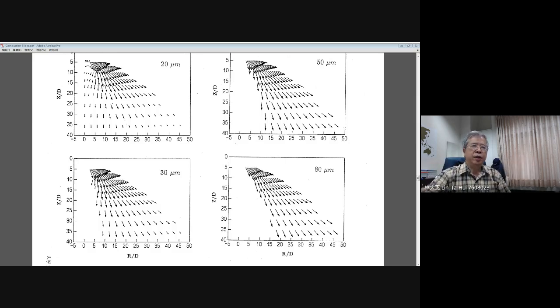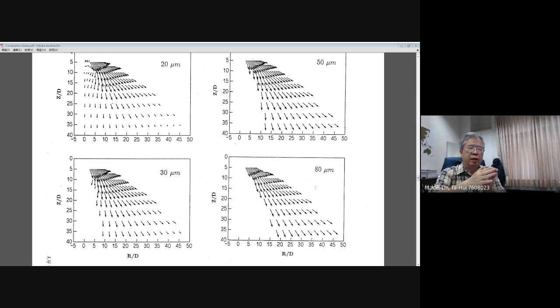In this region, all the velocity vectors show a large speed, and in the vicinity of the injector, they have larger speeds, which continuously reduce because of mixing on the downstream side. But from the 30 micron, 50 micron, and 80 micron cases, the thickness of your spray zone is initially thin, and in this region you have a larger droplet velocity.